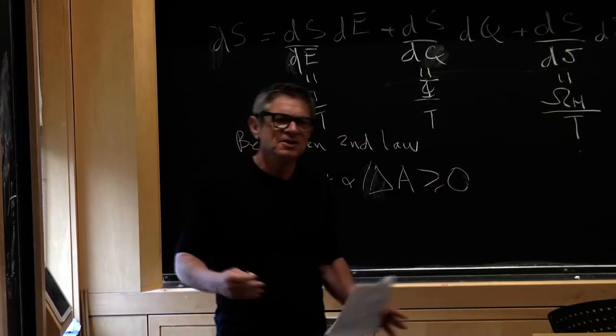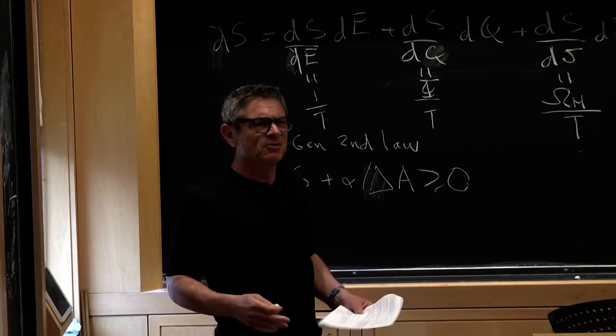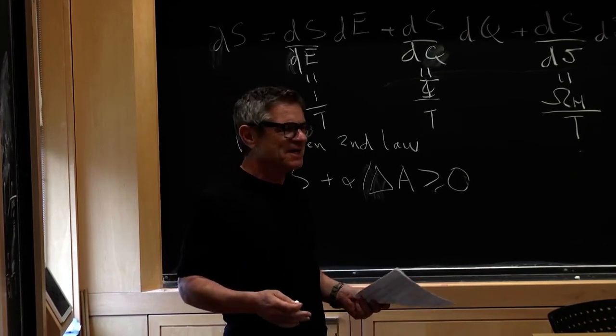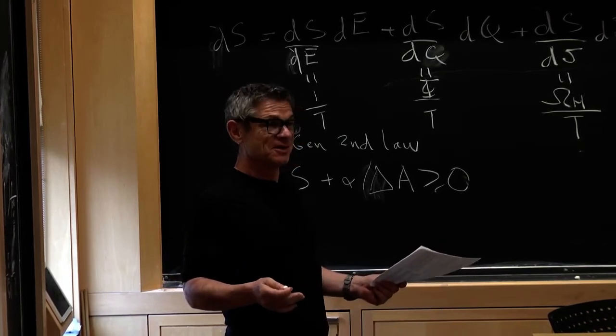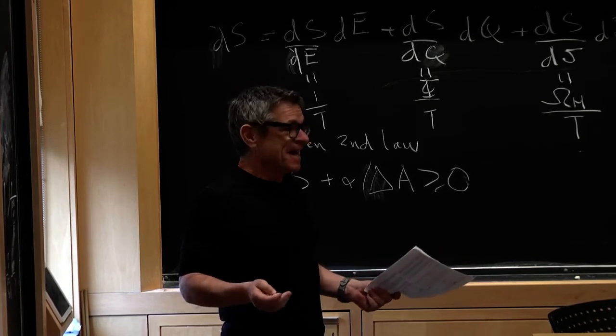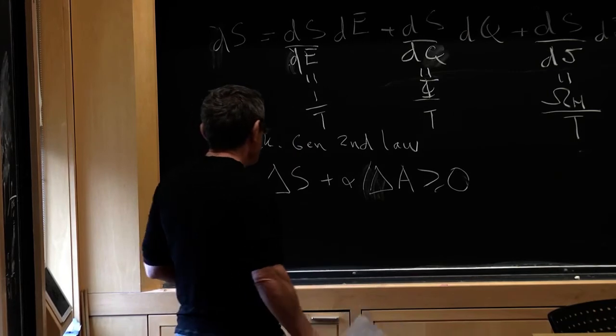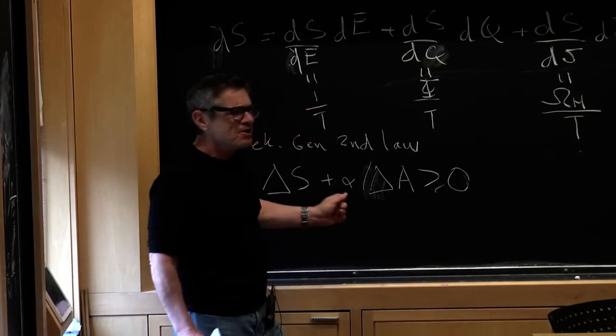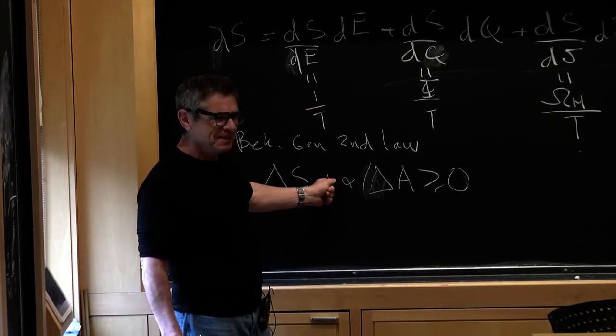This would be a generalized second law which would be valid even when the ordinary second law isn't. Really brilliant idea. And he tried really hard to figure out what alpha would be.